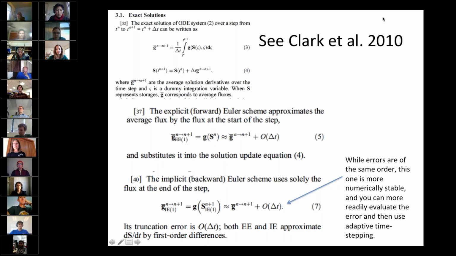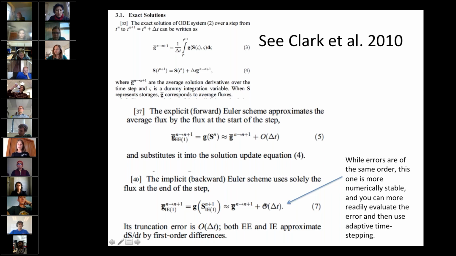So the short version of what is the difference between these, and it's not really the subject of our class, but there were a lot of questions about it, so I just wanted to give a little background, is that for the implicit Euler, even though errors end up on the same order, they're both the size of the time step, this one is much more numerically stable.